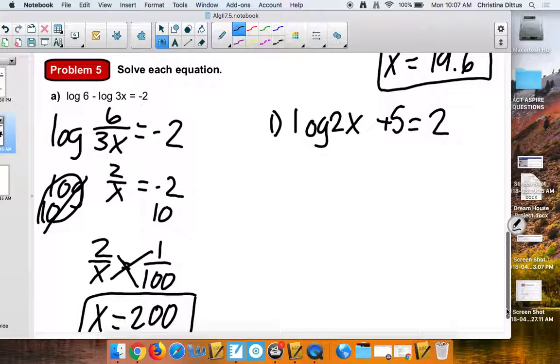So how do I get rid of it? Subtract. Good. So I get log of 2x equals negative 3. Is my log by itself now? There's a 2x, but that's part of my log, right? It's the log of 2x. So now that it's by itself, what can I do? 10 to the power.